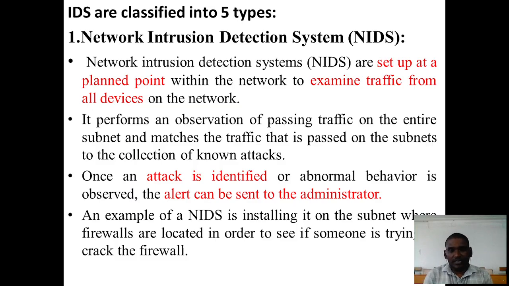If it identifies any abnormal behavior or attack, it immediately sends an alert message to the administrator. An example of NIDS is installing it in the subnet where firewalls are located in order to see if someone is trying to crack the firewall. Okay, so this is NIDS.